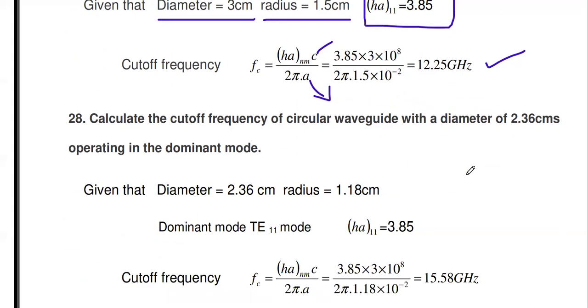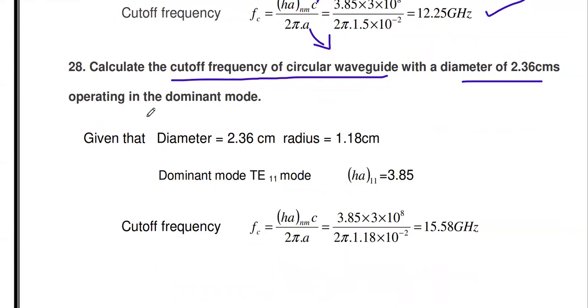Then the next question, calculate the cutoff frequency of a circular waveguide with a diameter of 2.36 centimeter operating in the dominant mode. Here the diameter is given as 2.36 centimeter, so convert it into radius, 1.18 centimeter. Then what is the mode? Dominant mode.